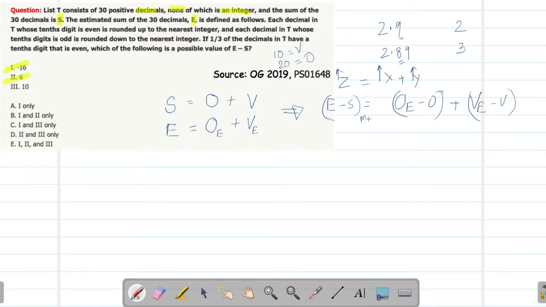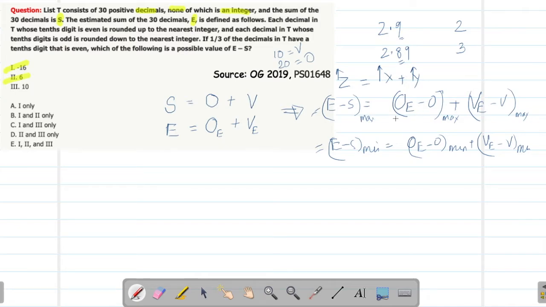So E minus S max would become OE minus O max plus VE minus V max, and similarly E minus S min would be OE minus O min plus VE minus V min. Now if we figure out the maximum and minimum values of E minus S, then we can check which of the answer choices are possible values for E minus S. So that's our strategy. Now the next step is to understand the pattern.